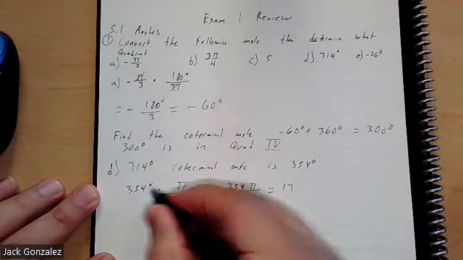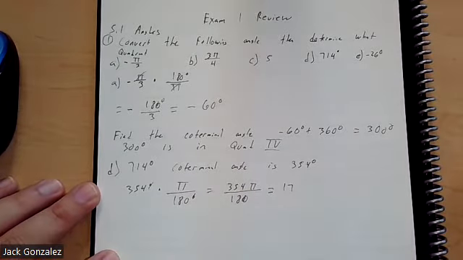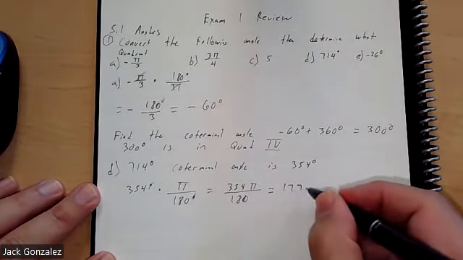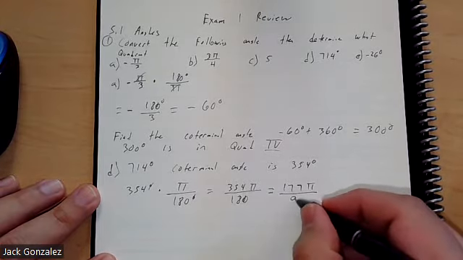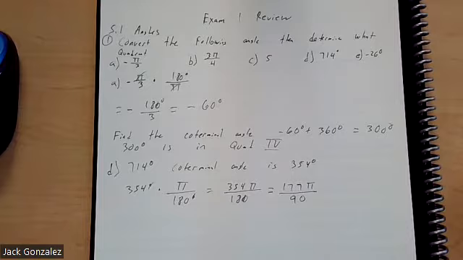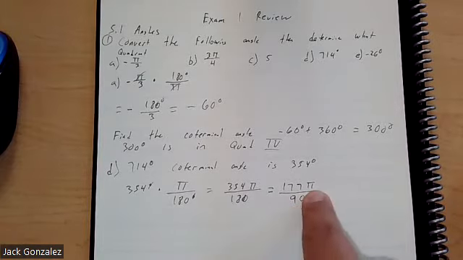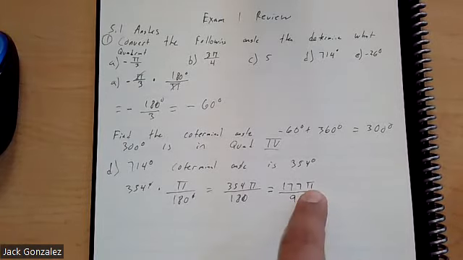They cancel here. All right, so we have 177 pi over 90. That's all in radians. Does that reduce any further? I can't tell by looking at it, but we can try dividing by factors of 90 into 177. That's the easiest way to do this.